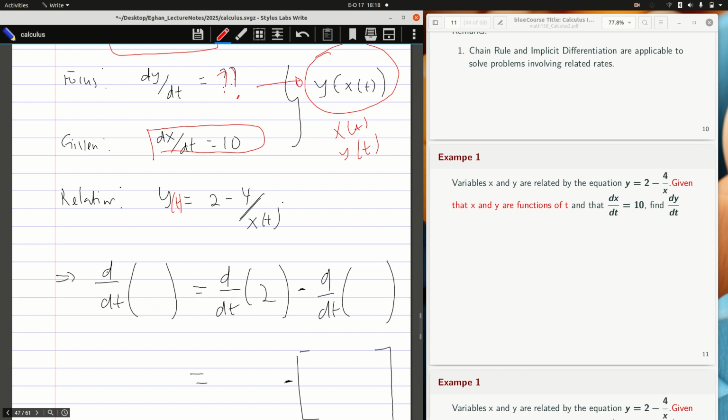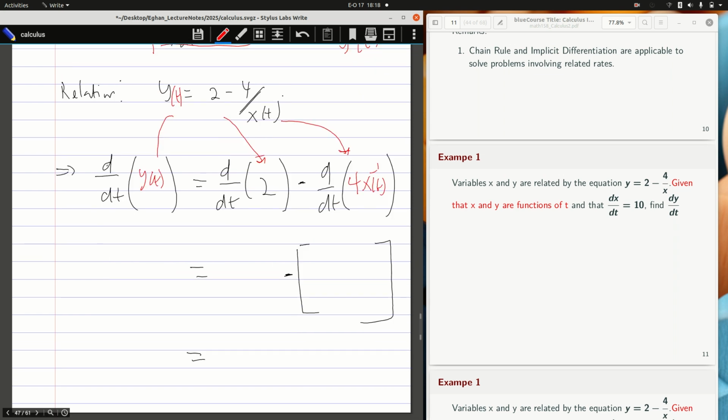So d/dt of y(t) is equal to d/dt of 2 minus d/dt of 4 times x of t to the power of negative 1. I'm just taking it up. This is the same as dy/dt is equal to 0 minus, applying the implicit differentiation here, 4 x to the negative 1, differentiated with respect to x, times dx/dt.